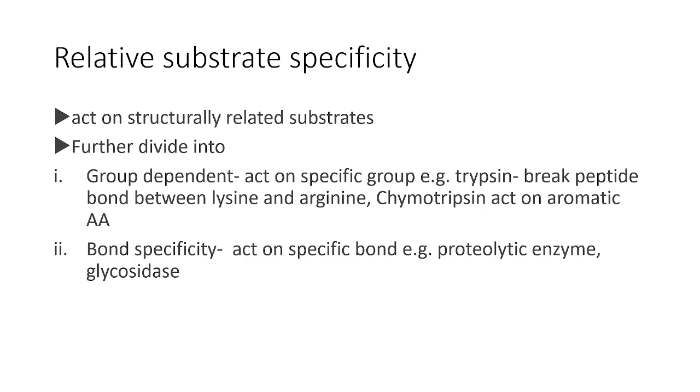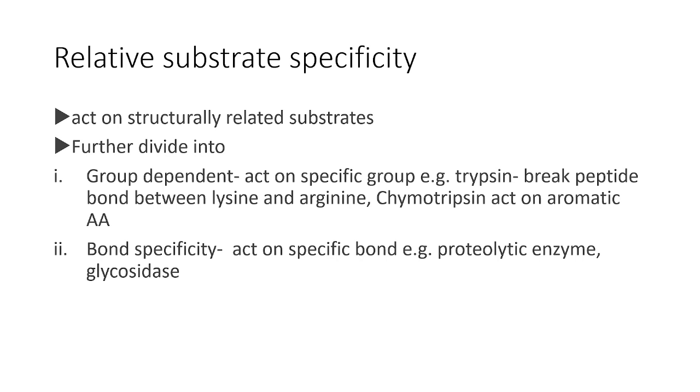If two molecules have a similar structure, or they might function differently but the structure or amino acid sequence where the enzyme binds is the same, then it is termed relative substrate specificity. These can be further divided into group dependent and bond specificity.